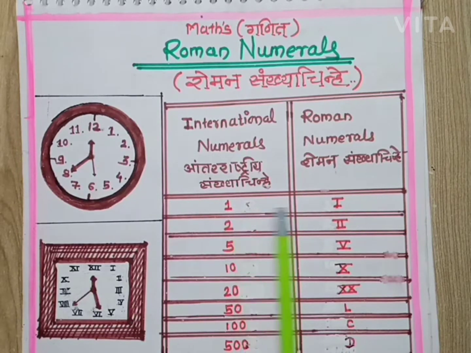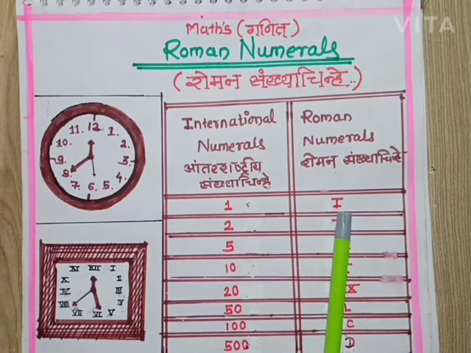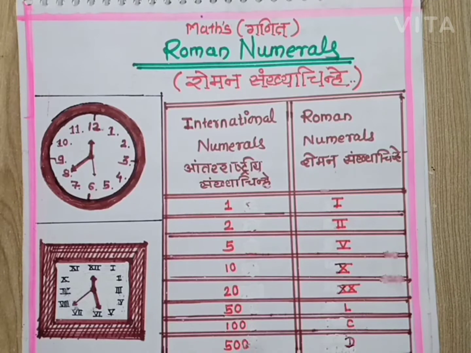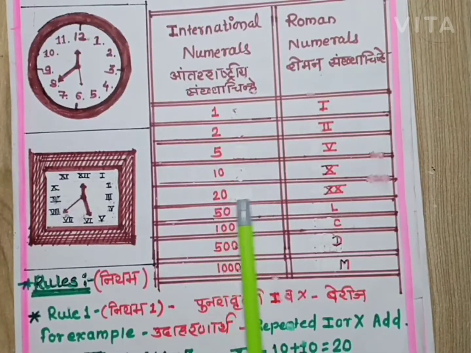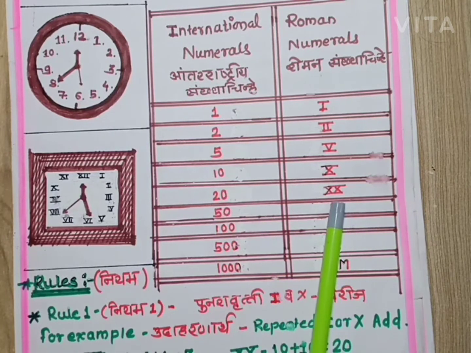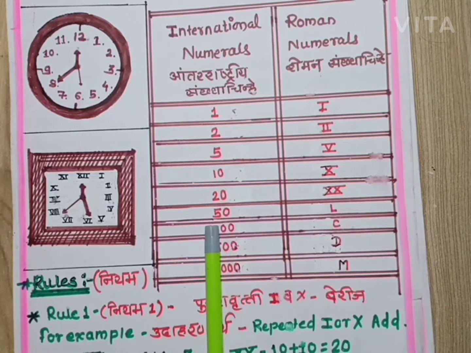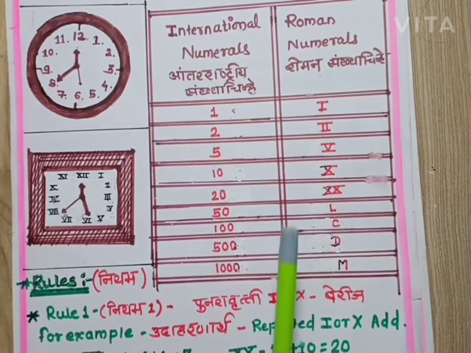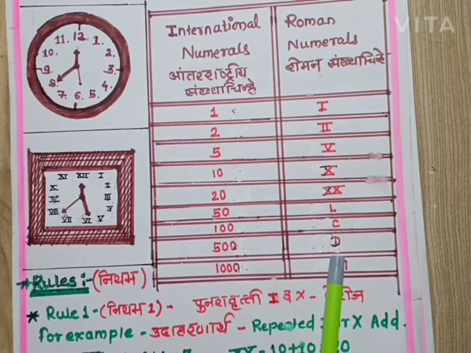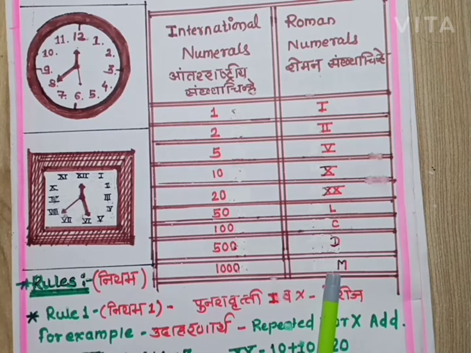In that sense 20 is described by double X, 50 is described by L, 100 is denoted by C, 500 is denoted by D, and 1000 is denoted by M.